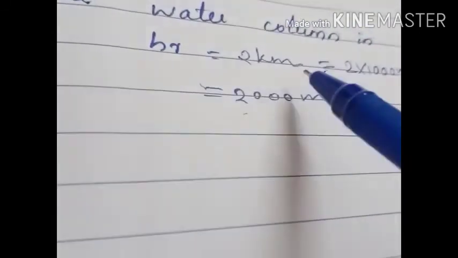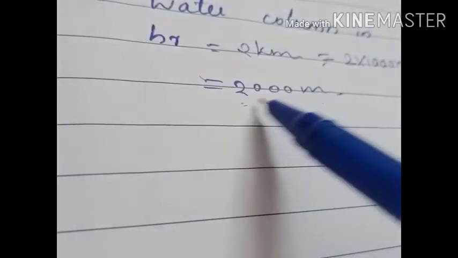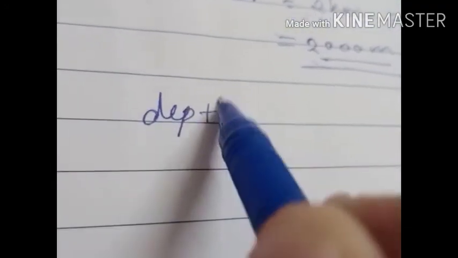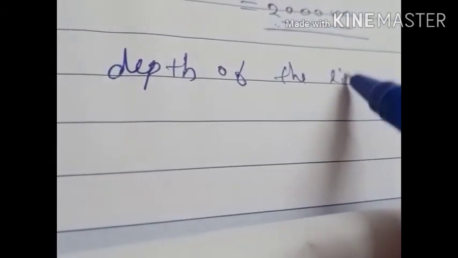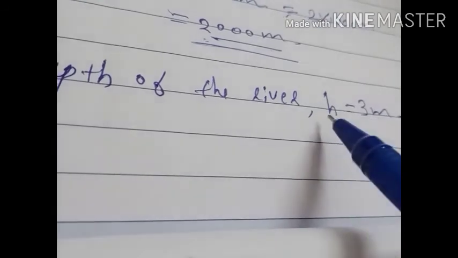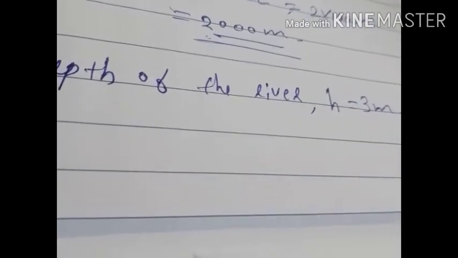So the length of the water column in 1 hour is equal to 2000 meter. And in the question the depth of the river is given. So depth of the river we can take as h, height. Depth and height we can take as the same. So h equal 3 meter.